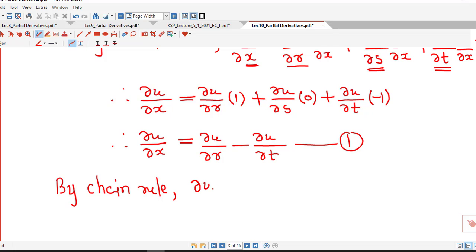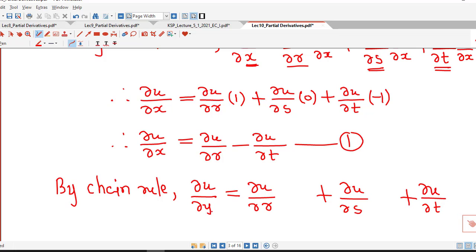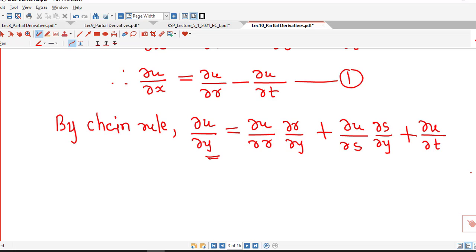Now by chain rule, the partial derivative of u with respect to y equals, first we write down partial derivatives of u with respect to r s t, del u by del r, del u by del s, del u by del t, and in the product we differentiate r s t with respect to y. So here del s by del y and del t by del y.